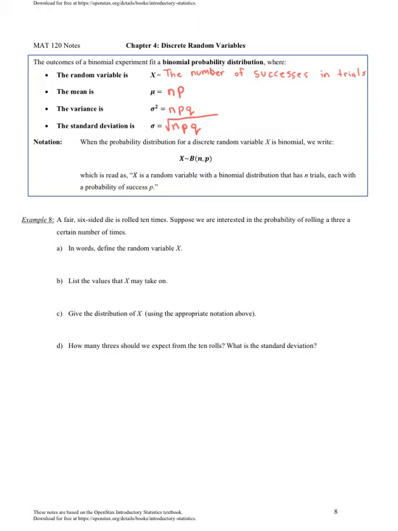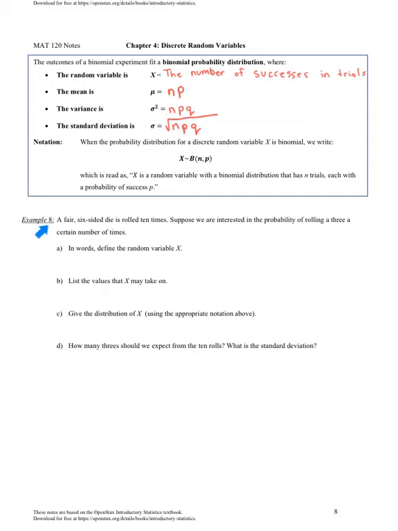In our OpenStax book, we like to use this type of notation for our binomial. What this means here, the B is that we have a binomial distribution. Again, the n is the number of trials and p is the probability of success. You'll be seeing this notation a lot in your OpenStax notebook.